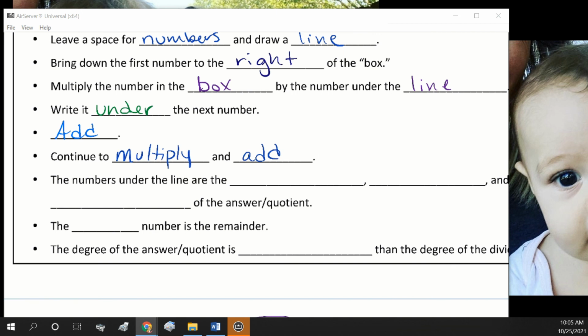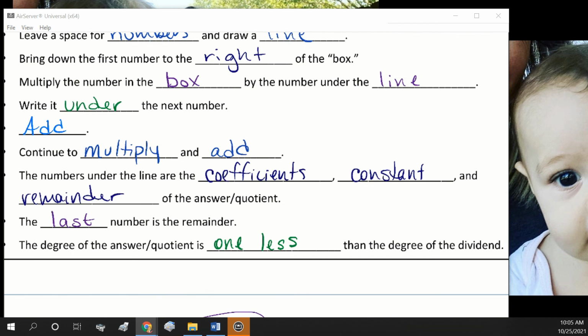And then the numbers under the line are the coefficients, constant, and remainder of the answer or the quotient. Right. The last number is going to be the remainder. And then the degree of the answer or the quotient is 1 less than the degree of the dividend.